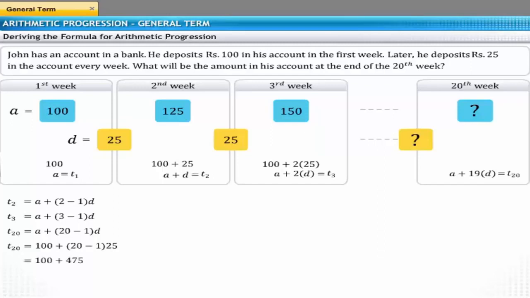On solving, you get T20 as 575. In other words, John's total savings in the 20th week will be 575 rupees.